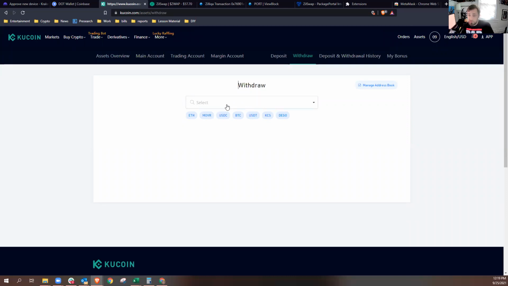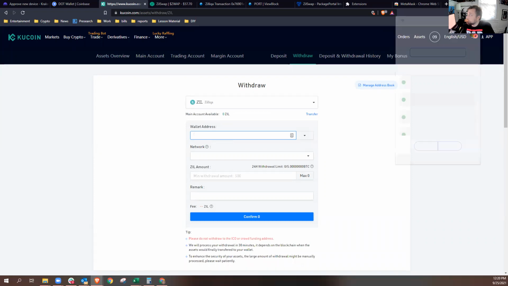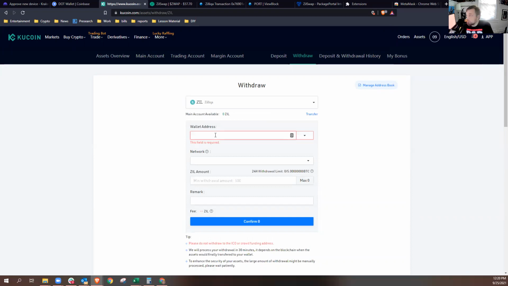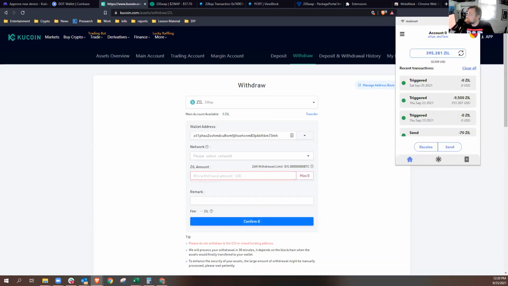Let's say I traded for Zilliqa. I would just send it to a wallet address. With ZilPay, I would copy my address and paste it, put whatever amount I wanted to send, and then I have it there. So now I have Zilliqa.